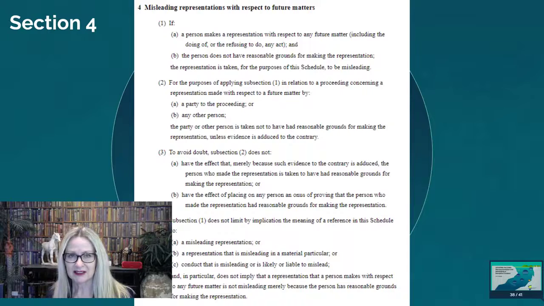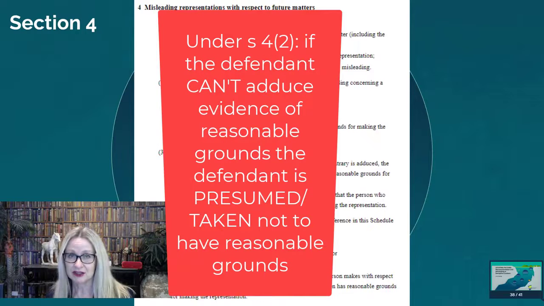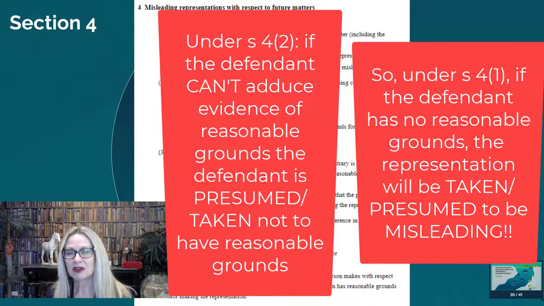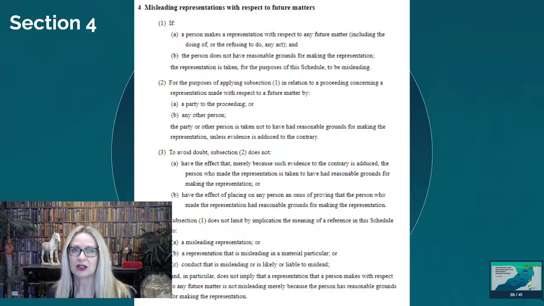What it means is, if the defendant can't adduce evidence for the court of this basis of reasonable grounds for making that representation about the future matter, then their conduct will immediately contravene Section 18, okay? If they have no evidence for making that statement, their statement will contravene Section 18.